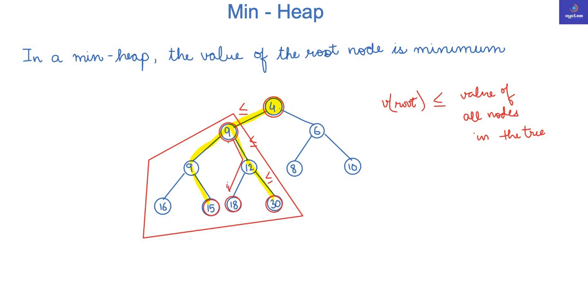So 9 is the minimum value along any path in this subtree. So 9 is the minimum value in this subtree. Similarly, in a max heap, the value of the root node would be maximum, because in a max heap, along the path connecting the root and any other node in the tree, the values will keep decreasing.